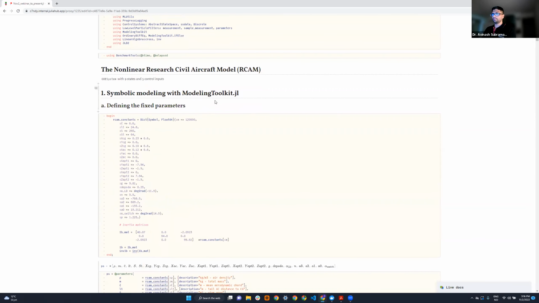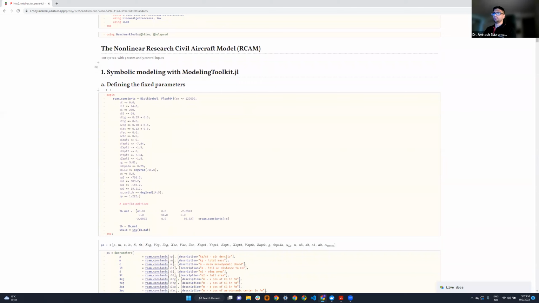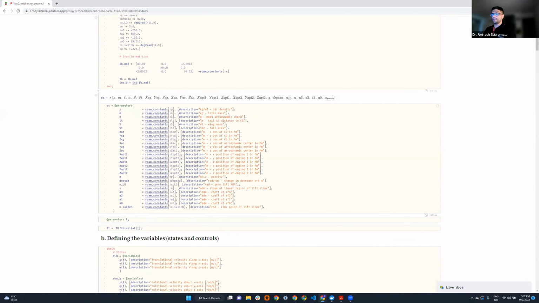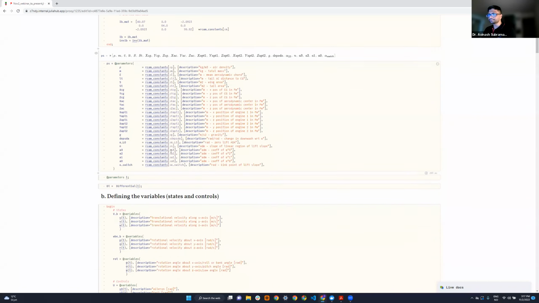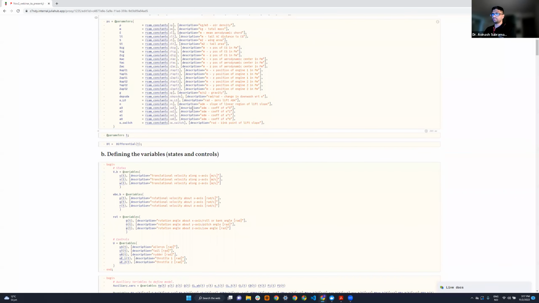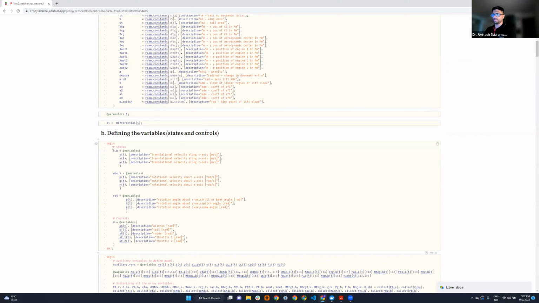And then the first step is formulating the symbolic model with ModelingToolkit.jl, commonly beginning by defining the fixed parameters to certain values. And here we have a large number of fixed parameters, which are commonly aerodynamic coefficients. So for instance, air density, the total mass, the wing area, the tail area, gravity, and so on. The @parameters macro. Following this, we would define the variables, which in this case are the states and controls. As I mentioned, we have 9 states and 5 control variables.